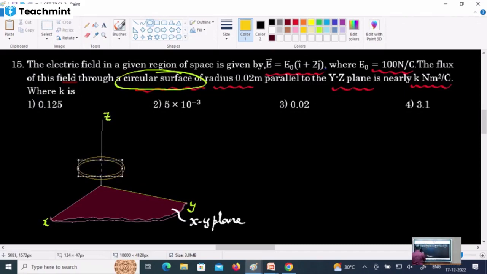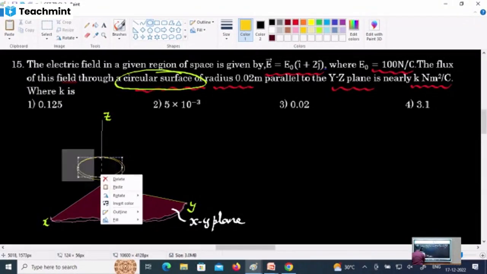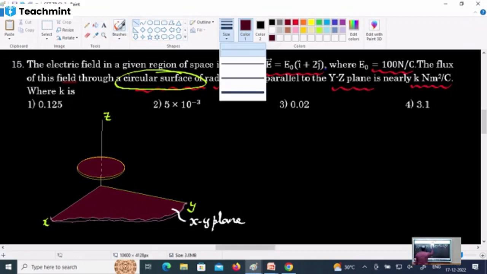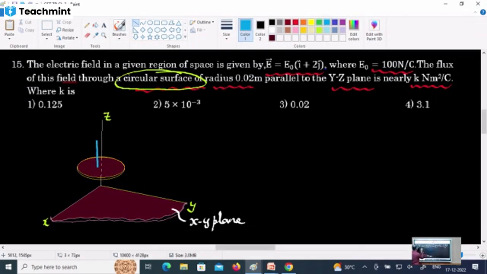So I am showing the circular face. A circular face. Notice the unit vector to the area is along the z axis. This is the unit vector.